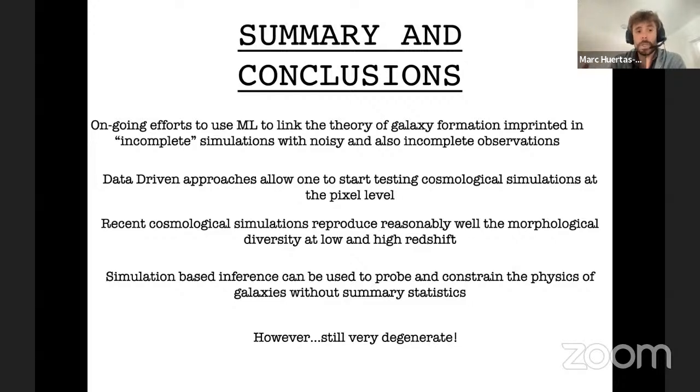One of the conclusions is that recent cosmological simulations reproduce reasonably well the morphological diversity at low and high redshift, and also the bimodality in star formation. This enables some simulation-based inference, which can be used to probe and constrain the physics of galaxies without going to summary statistics. However, things are still very degenerate, and I didn't have time to go into that, but there are different evolutionary tracks that can explain the same observables, and it's not always easy to disentangle between them.